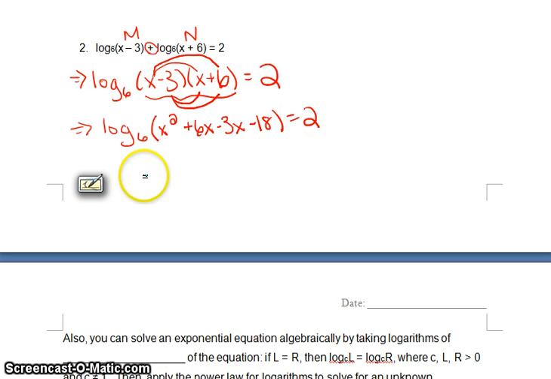That's all equal to 2. So now let's simplify this right here, and we have log of base 6 x squared plus 3x minus 18 is equal to 2.